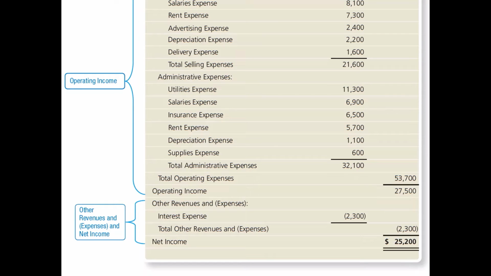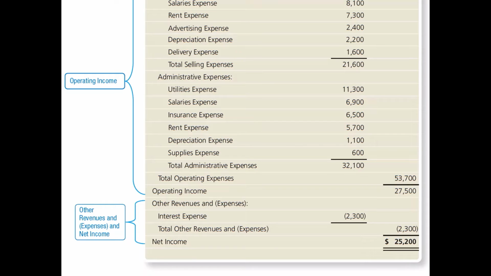After our operating income, we're going to list any revenues or expenses that aren't related to our main source of business, but have come to us or are expenses for us. Here you see interest expense is listed.